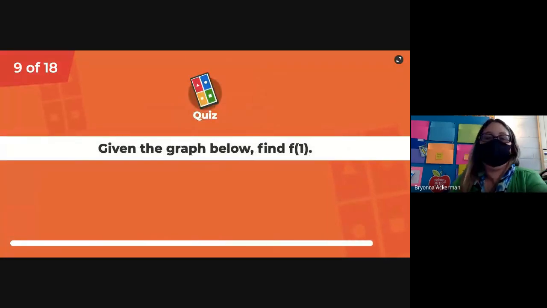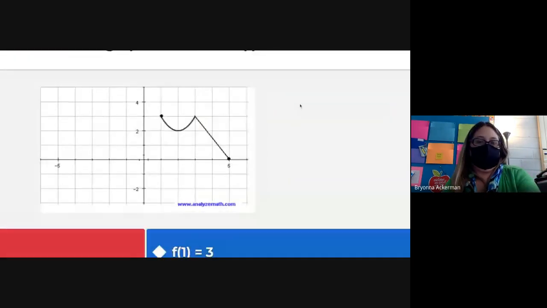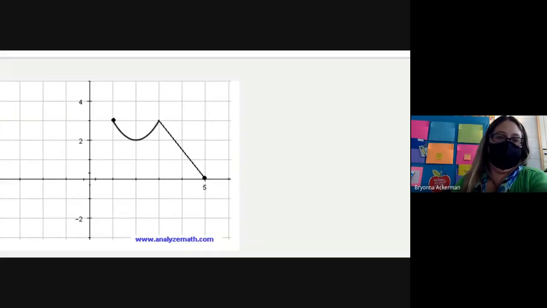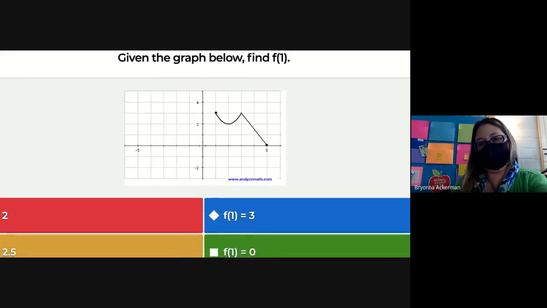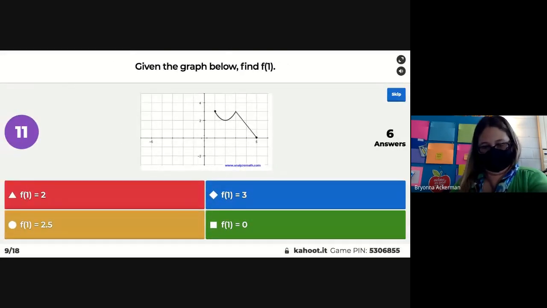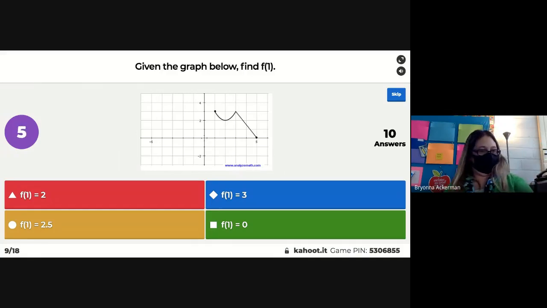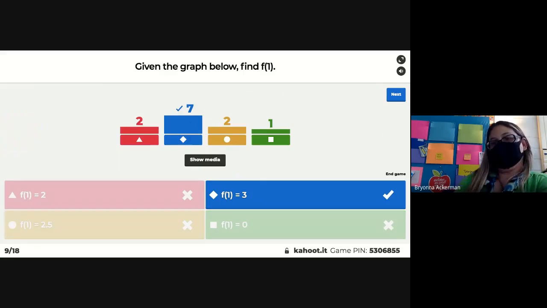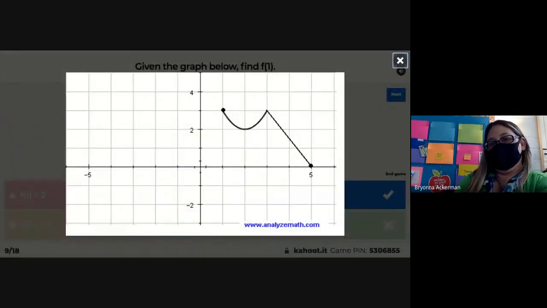All right, f of 1. When the input is 1, okay, when the x value is 1, the y value was 3.